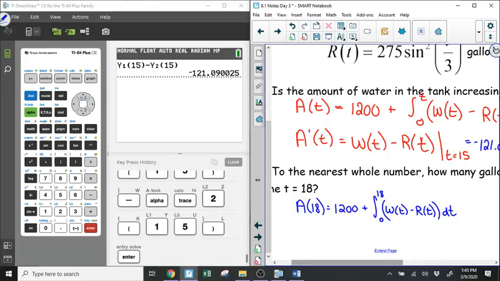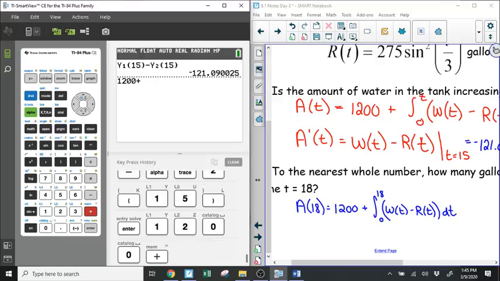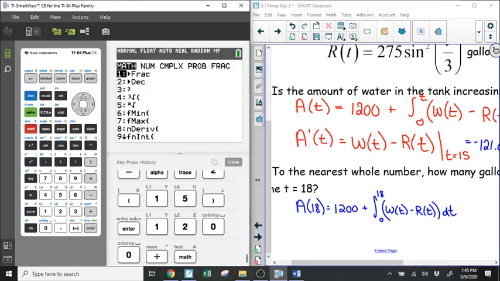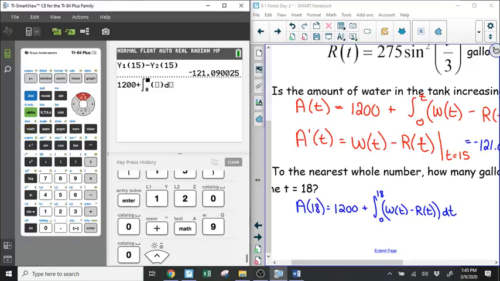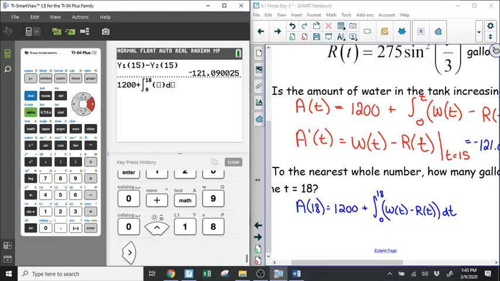And again, this is a calculator question, so now I can go to my calculator and get all of that typed in just as it looks there. We would start with our 1,200, and then we have a function on our calculator to do our integration, math 9. We are going this time from 0 to 18. And then we have to be specific in how we type. You can type it in the long way, but we already typed in w and r as y1 and y2, right?